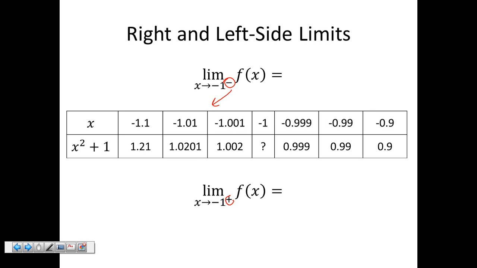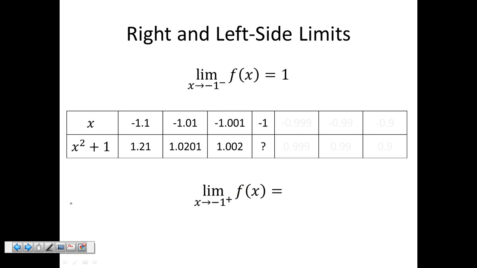When I see this plus, I only want to be looking at the right. Now, when I approach from the left, 1.21, 1.0201, 1.002, those seem to be leading me to 1. So I would say that my limit as x approaches negative 1 from the left is equal to 1.